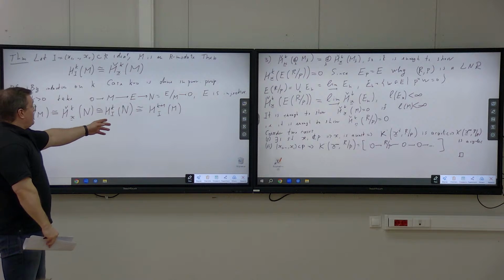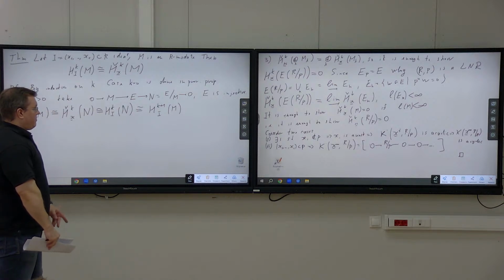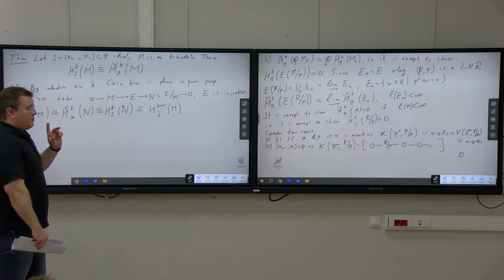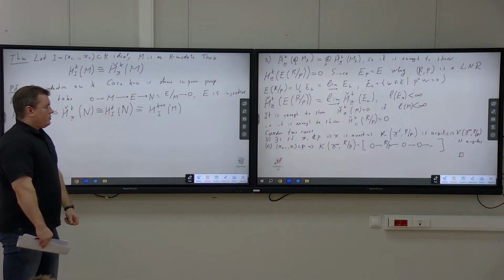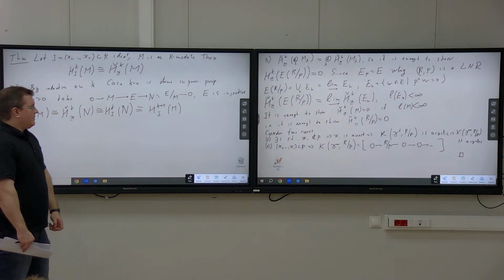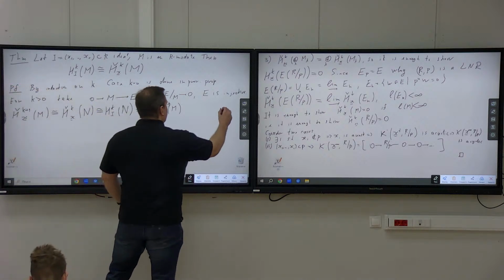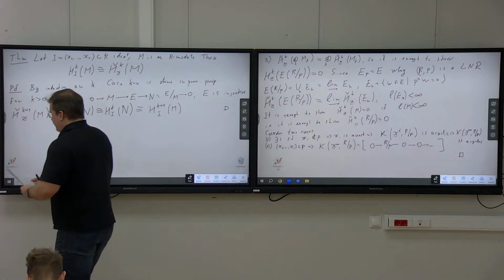I just look at the long exact sequence, but now for the local homology, and I know that local homology on any injective module gives 0. This is just a general property of any right derived functor. Hence, this is the end of the proof.